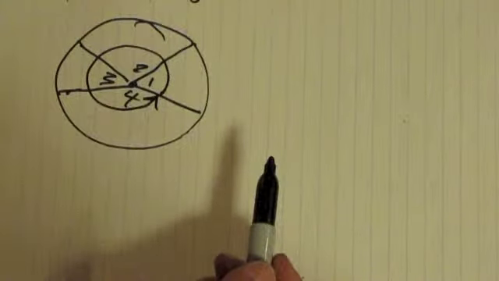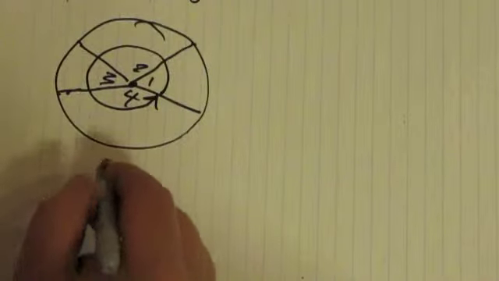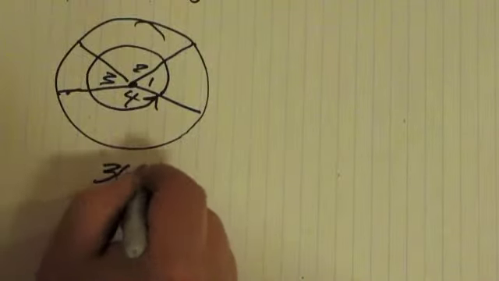Pause the video, think about it. What do they add up to? Your answer should have been: the angles around the center of a circle add up to 360 degrees. Now that's important. If we don't know a missing angle, then we're going to be able to find it.